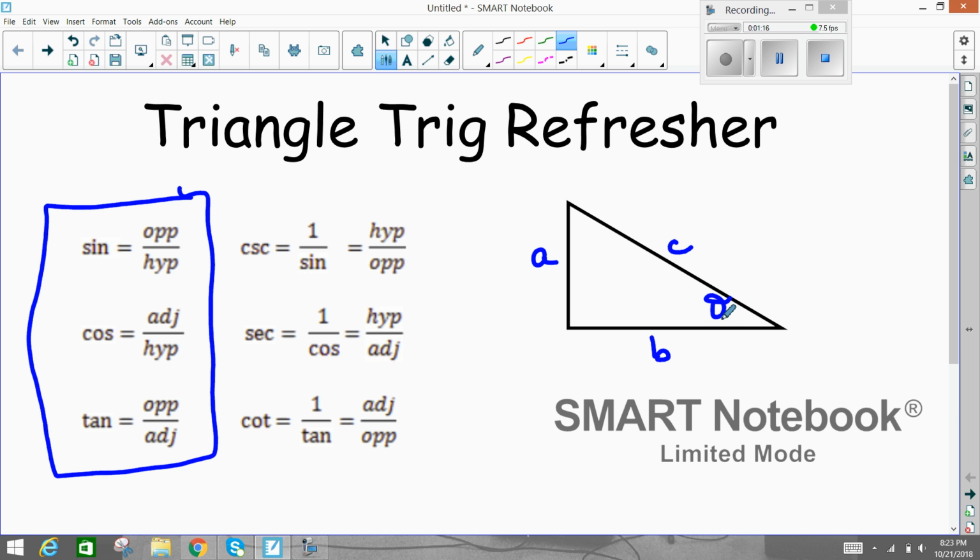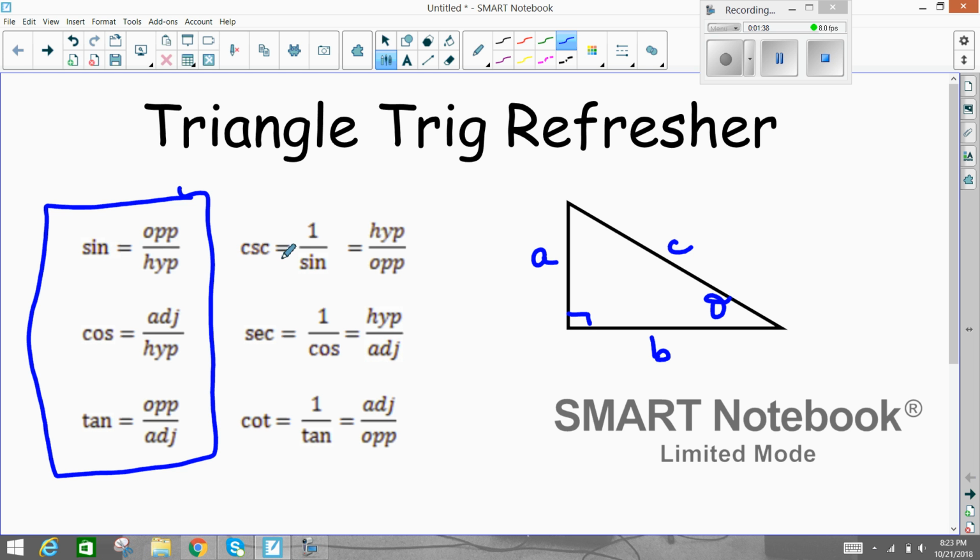So the sine of this angle here would be A over C, or opposite over hypotenuse. Cosine is adjacent over hypotenuse, and tangent is opposite over adjacent. Remember that tangent involves the two legs, sine and cosine involve the hypotenuse.